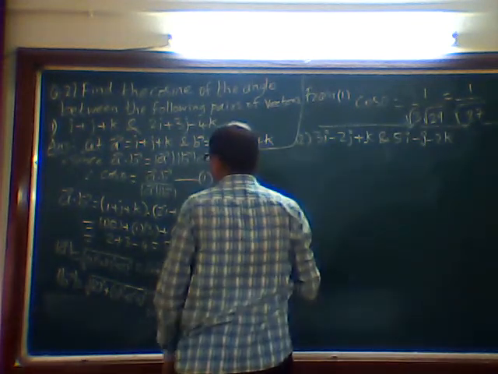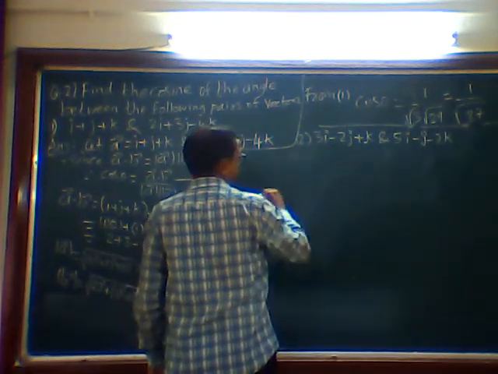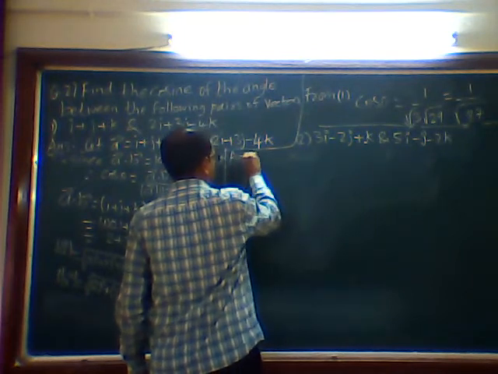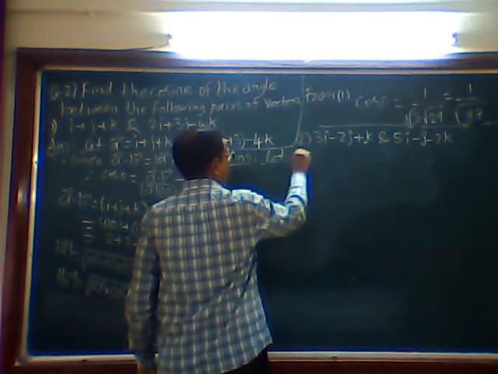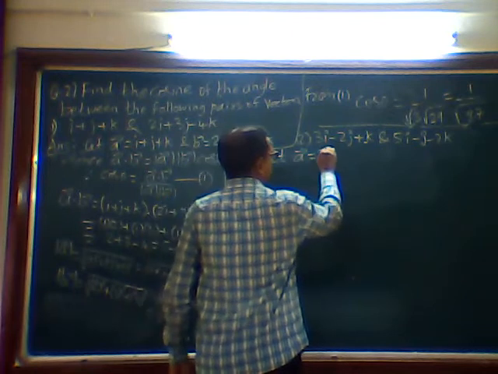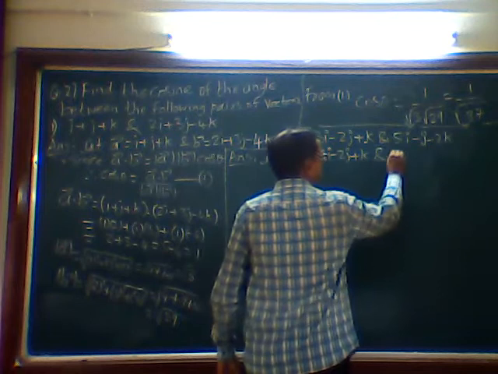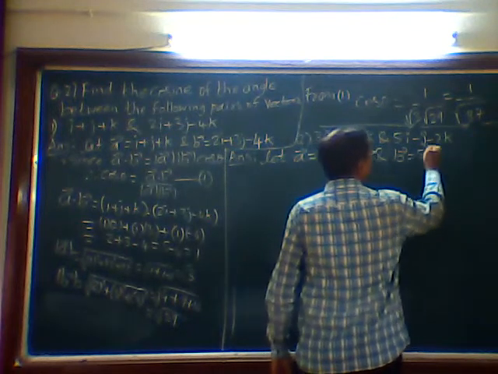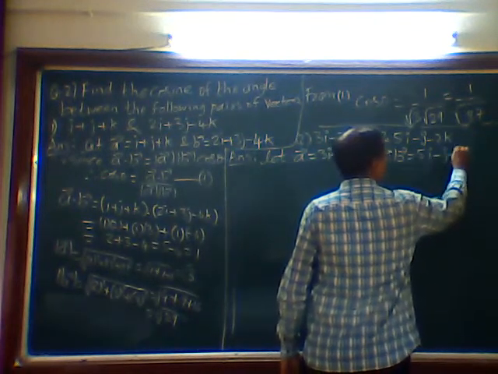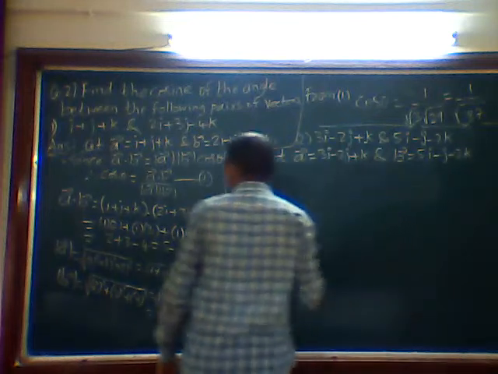Again, we will say let a bar be equal to 3i minus 2j plus k and b bar equal to 5i minus j minus 2k.